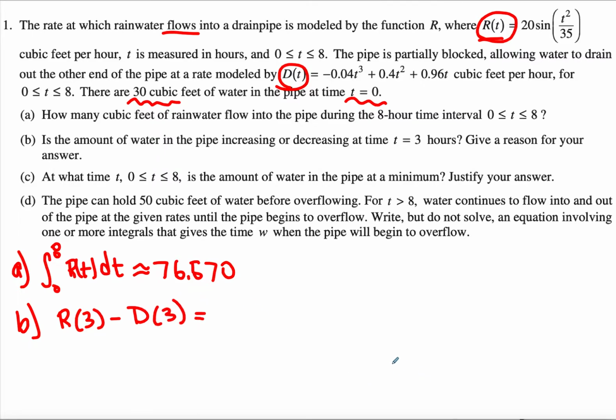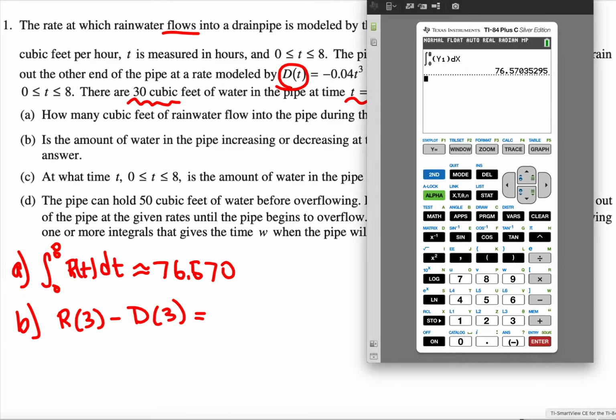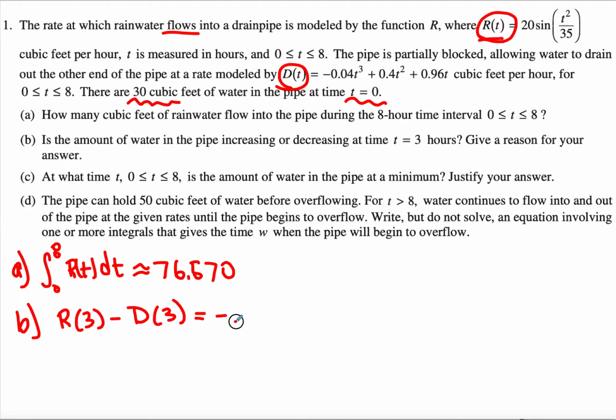To do that, I'm going to use the calculator one more time. R was the y sub 1, so I'm going to do y sub 1 of 3 minus y sub 2 of 3. And I get negative 0.313-ish, so negative 0.314, I guess, which is negative.